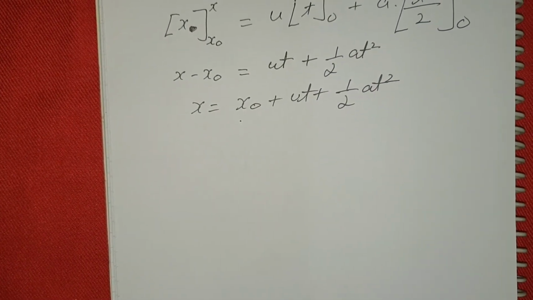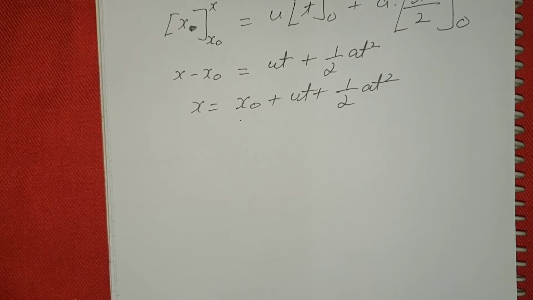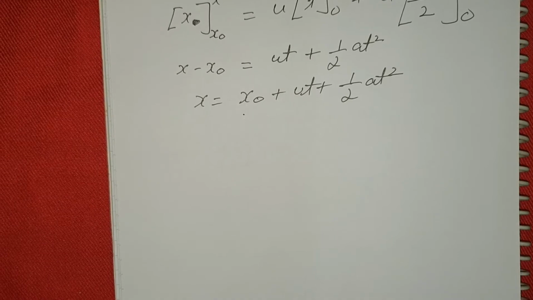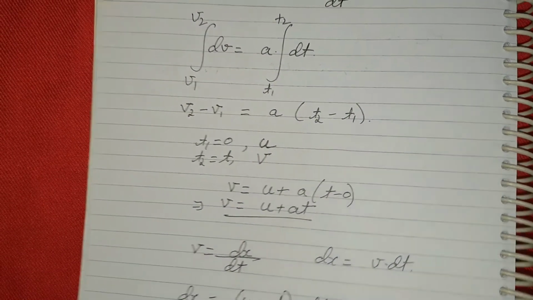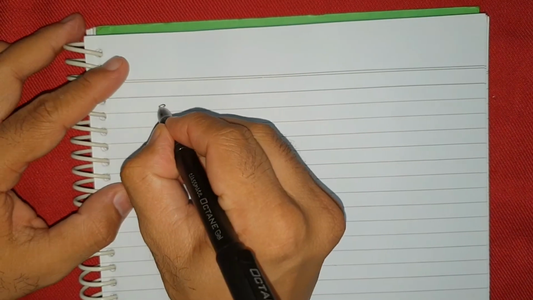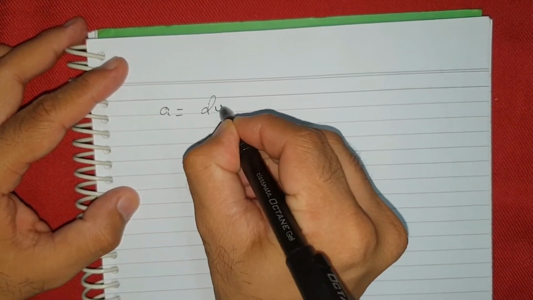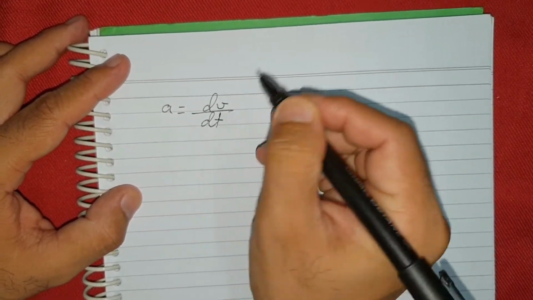Now the velocity-displacement relation, or the third equation of motion. Consider a particle moving in a straight line with initial velocity u and uniform acceleration a. Simply we write a equals dv by dt.